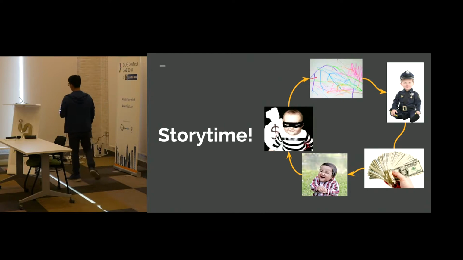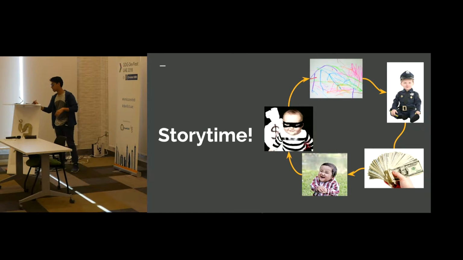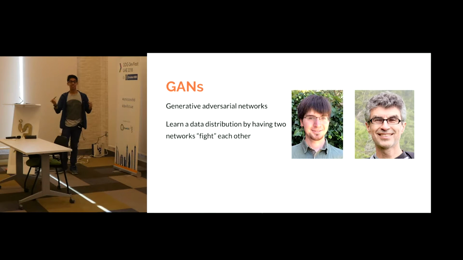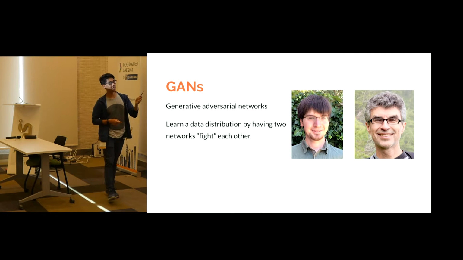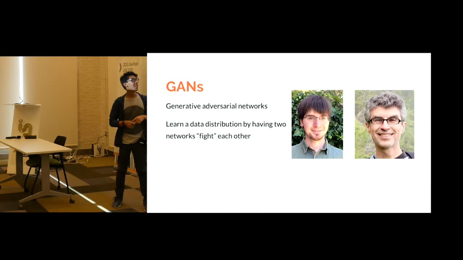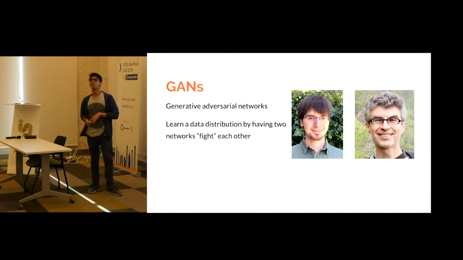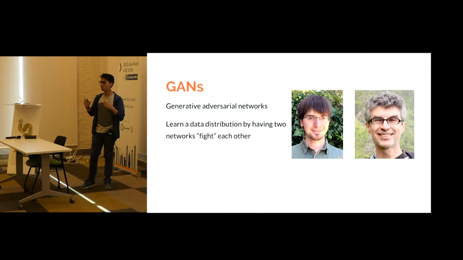Okay, so we have a bunch of people to thank for this technology, generative adversarial networks, particularly these two guys, Ian Goodfellow and Joshua Bengio from the University of Toronto, somewhere in Canada. So they came up with GAN, which is basically this idea that you can approximate some sort of data distribution by running it through these networks that kind of fight each other, right?